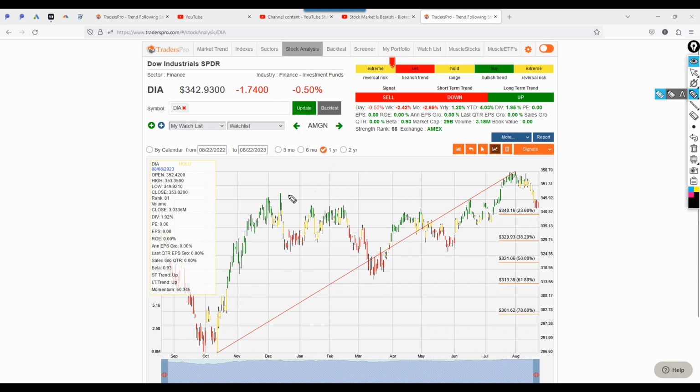This area on the Dow is very significant right here because of how many points of contact it's had, and really this entire zone right here. If I were to just widen that down into these points as well, these are all levels where the Dow had run into resistance, and then broke through it, and now it's breaking back down underneath it. That's pretty bearish for the Dow here as well.